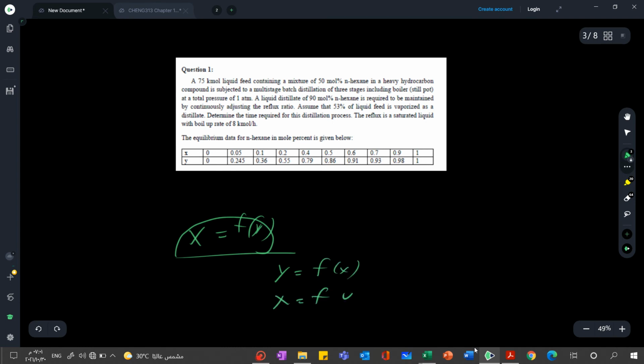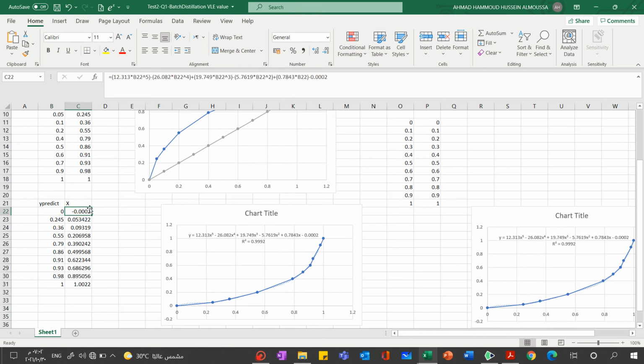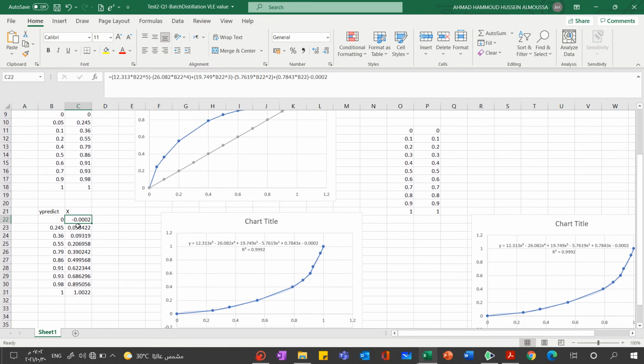I hope you are not confused with me. So we take this function and put it here in the x column, because we need the function for x to give a suitable predicted y.